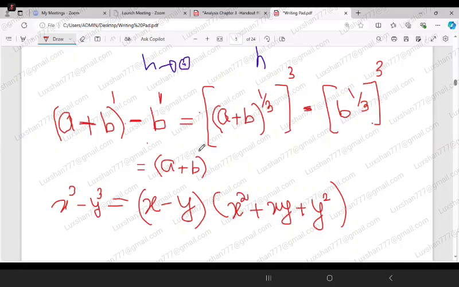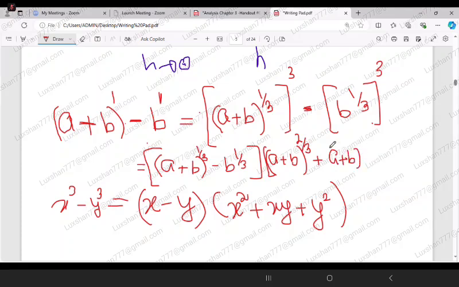So using the same idea, here you can write it is equal to (a plus b) to the power 1/3 minus b to the power 1/3, where your x is this one and your y is this one, into x squared, that is (a plus b) to the power 2/3, plus x into y, that is (a plus b) to the power 1/3 into b to the power 1/3, plus y squared, that means b to the power 2/3.